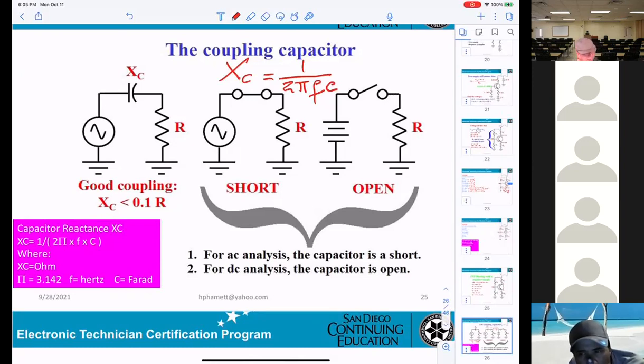But they don't call it a resistor. They call it capacitive reactance.